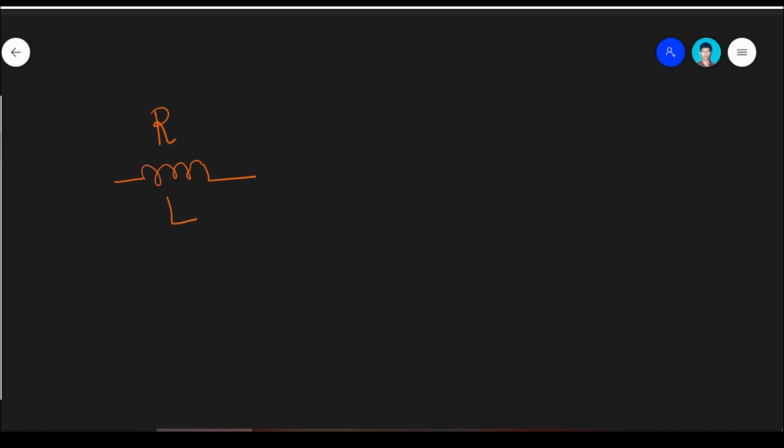You have one R and one L. Now, R is like, I hope, although nowadays everyone is using LED bulb or crystal bulb, at least in your laboratory you have encountered a tungsten filament lamp bulb. That tungsten filament lamp bulb is a perfect example of a resistor.